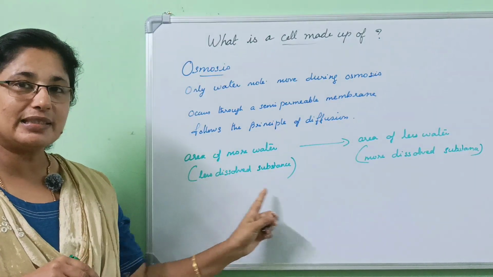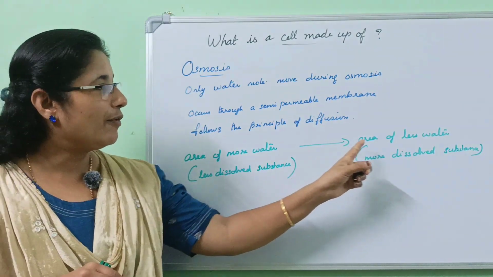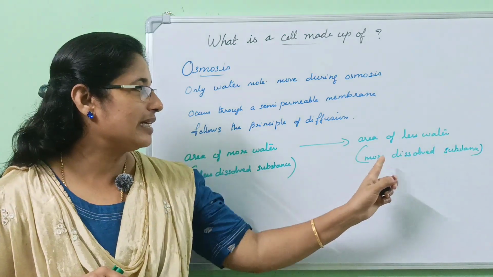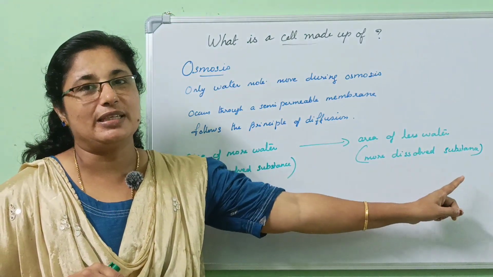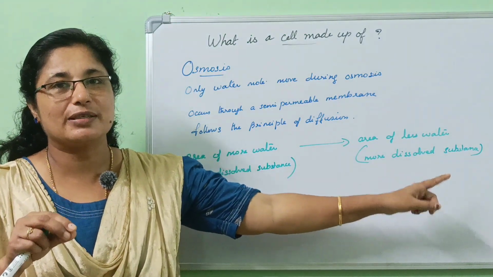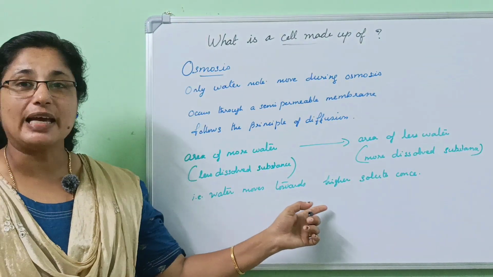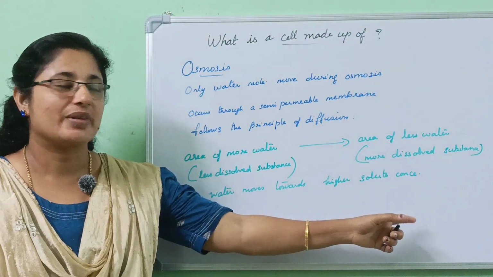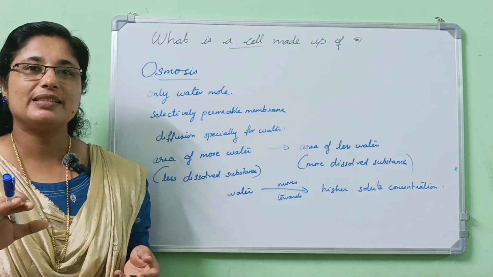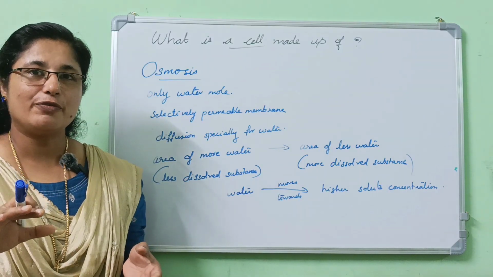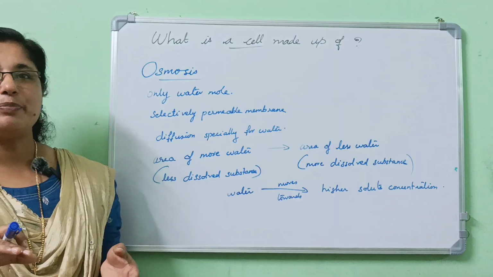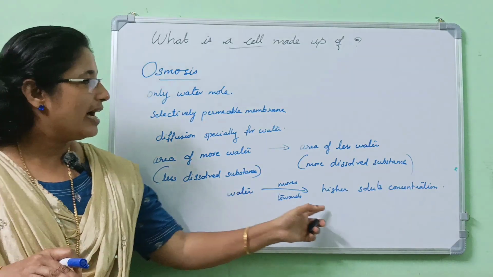More water means less dissolved substance, to an area of less water. Less water means there is more dissolved substance. The amount of sugar or salt is more there. This means that water moves towards the side with a higher solute concentration. We can say that osmosis is the net diffusion of water across a selectively permeable membrane toward a higher solute concentration.